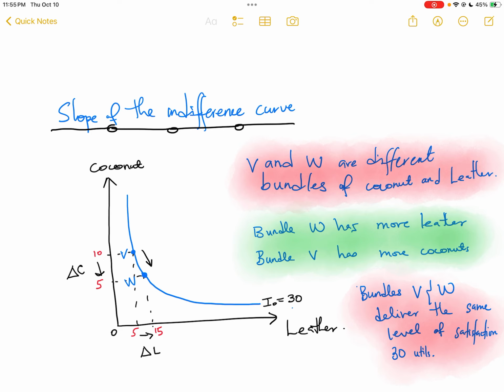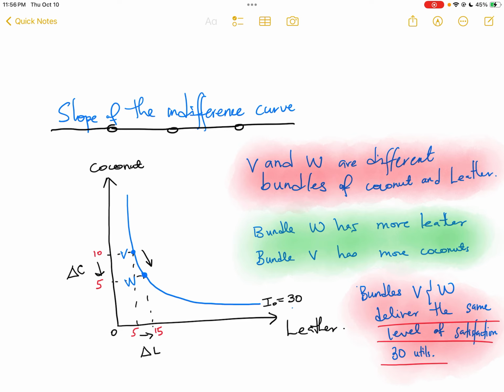Now, this consumer is indifferent between bundles V and W. Well, let me take one step back. Why is the consumer indifferent between bundles V and W? It's because bundles V and W deliver the same level of satisfaction.